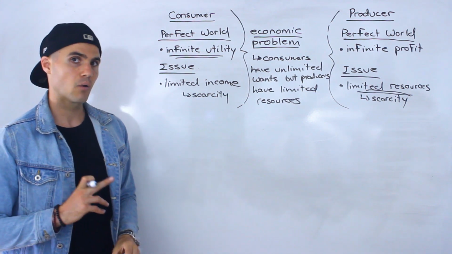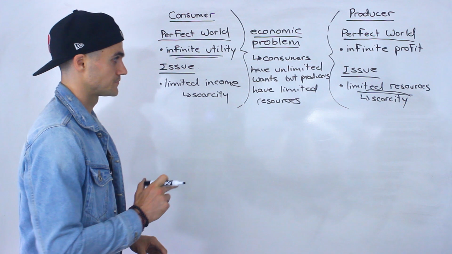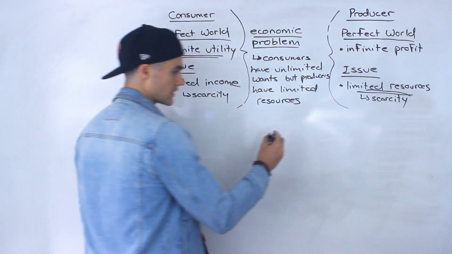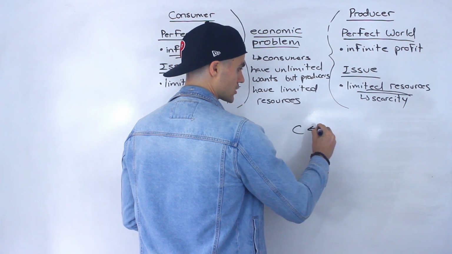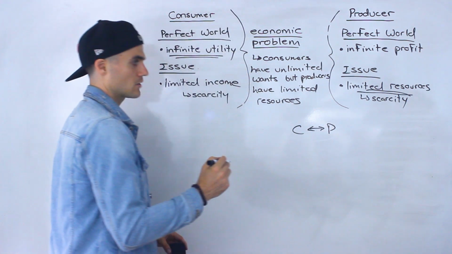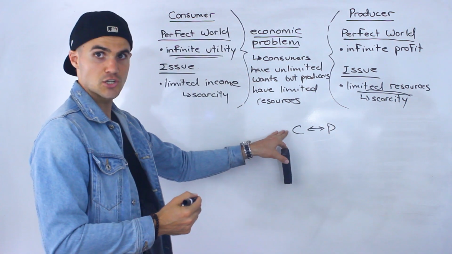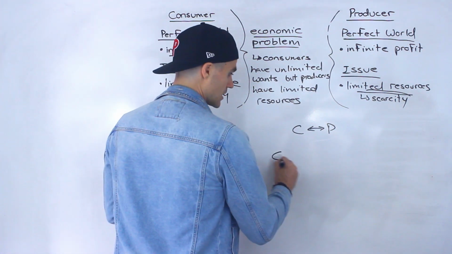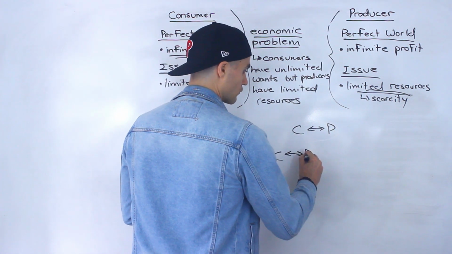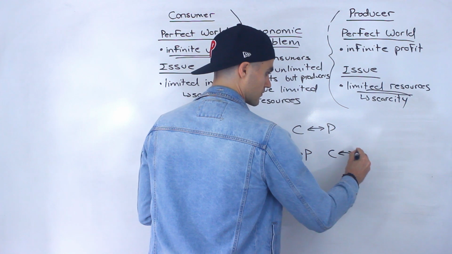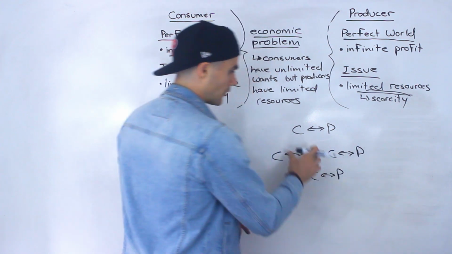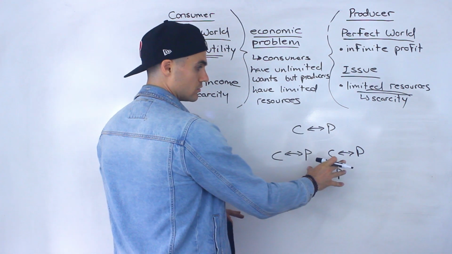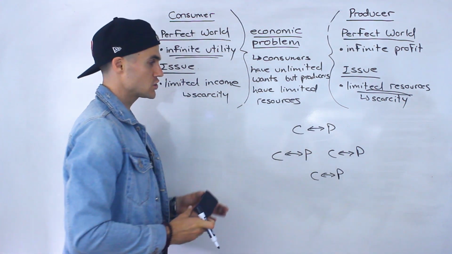Now, last thing I want to mention before finishing off this video is we talked about the relationship between a consumer and a producer, but in reality, there's not just one relationship, there's going to be a bunch of relationships in the world. And they don't have to be necessarily individual, sort of isolated relationships.